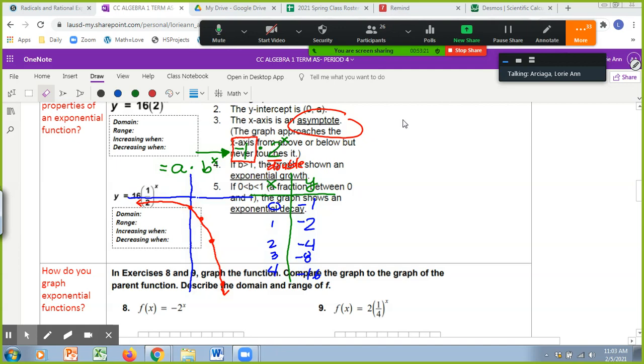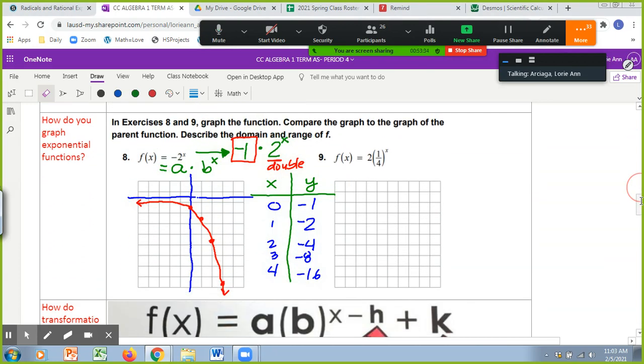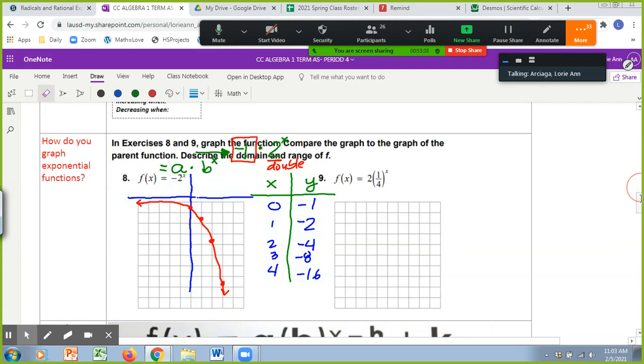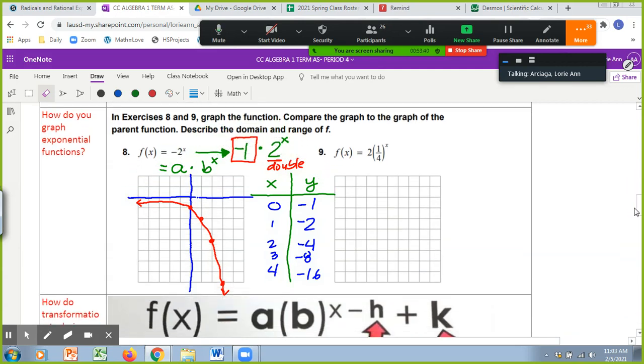Now, do all functions have an asymptote? Not really. We didn't have asymptotes in the first semester, right? So this is the first time that we see an asymptote for a function. Okay, so now I can put my graph back to its original place, but there you go. All right, let's try another one, shall we? Let's do this.